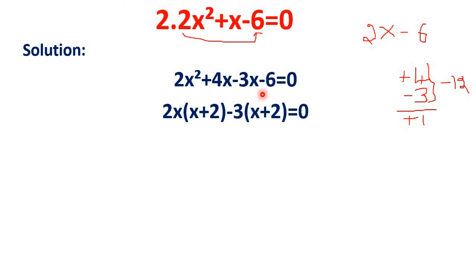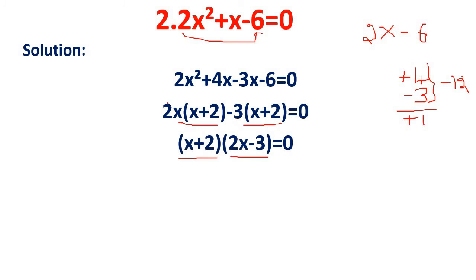Here x, while taking minus, this becomes plus 3 2 is 6, which is equal to 0. Here x plus 2 and x plus 2 is common. Let us take it outside. So if you take out x plus 2 as common, the remaining terms are 2x minus 3.